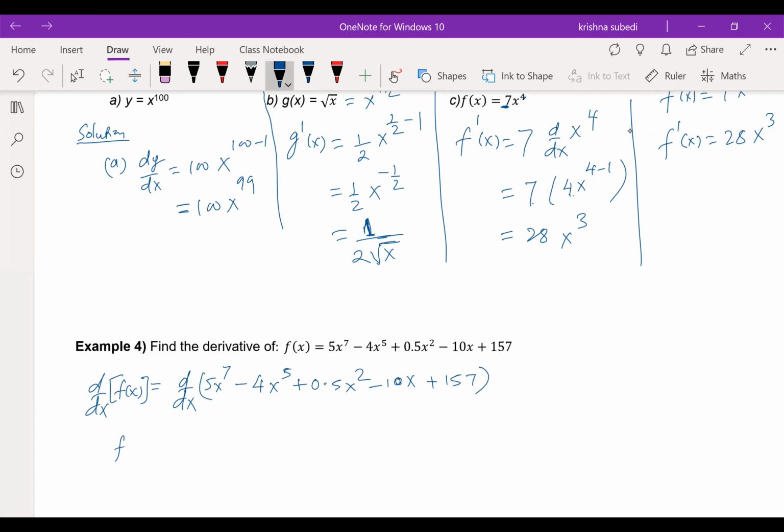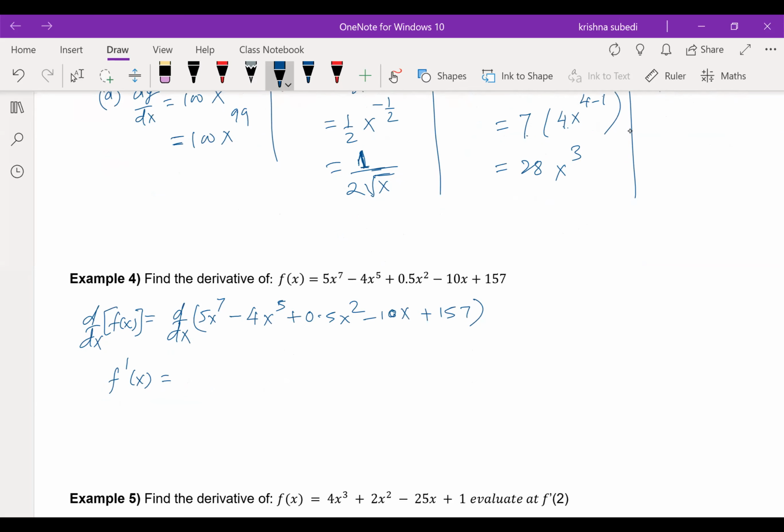So this can be written as f prime of x. And so you will get here d over dx of 5x power 7 minus d over dx of 4x power 5 plus d over dx of 0.5x squared minus d over dx of 10x plus d over dx of 157.